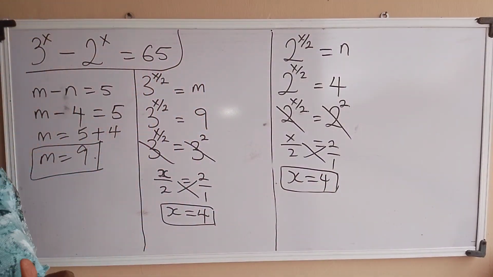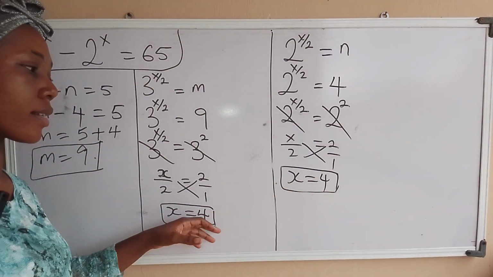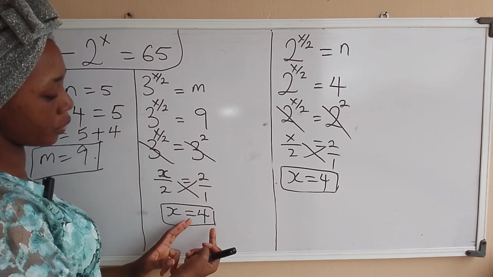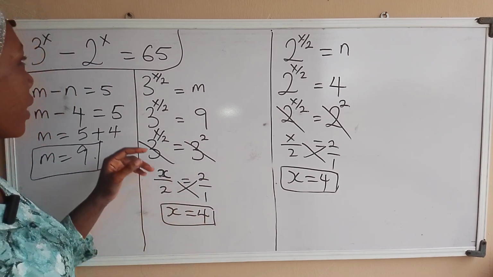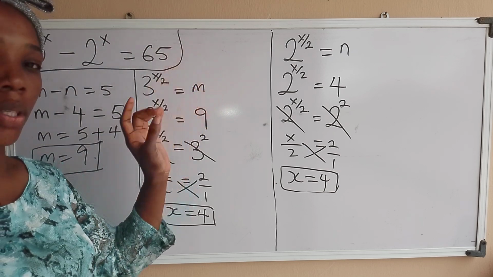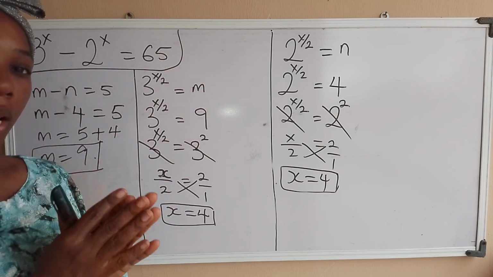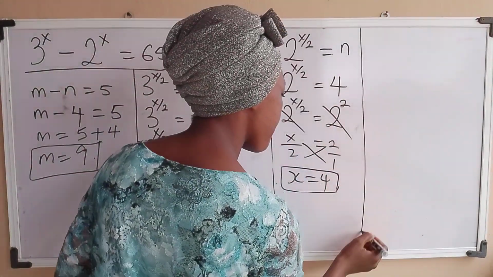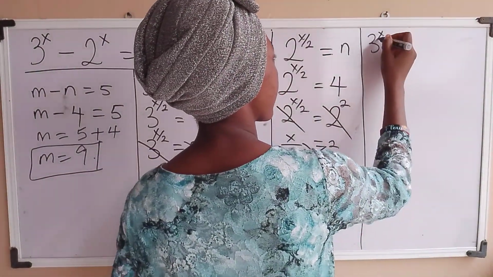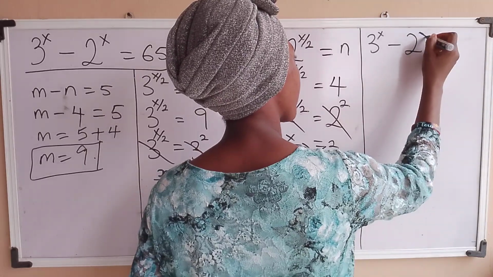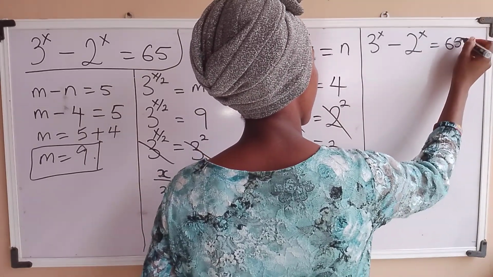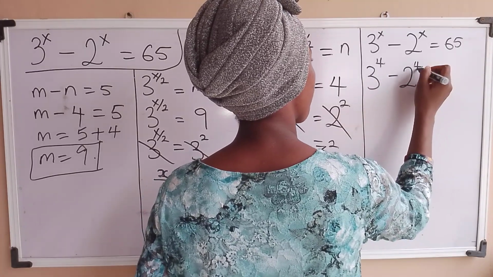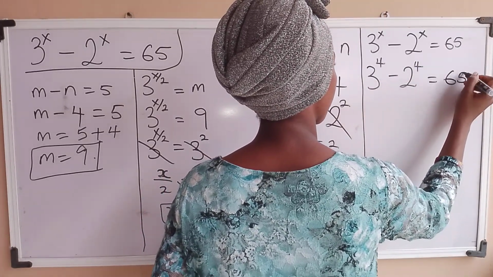So what we're going to do now, since our x is the same number, we're going to check if we substitute the value for x as 4 in this question given to us, are we going to have a balanced equation? Let's find out. So from here, 3 to the power of x minus 2 to the power of x equals 65. 3 to the power of 4 minus 2 to the power of 4 equals 65.